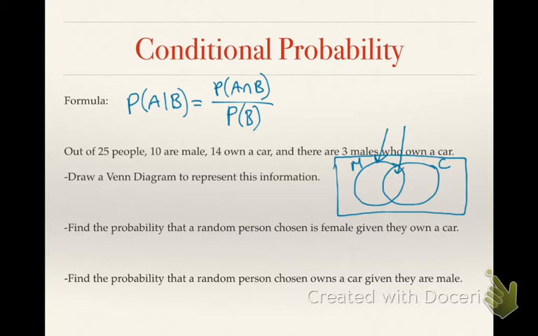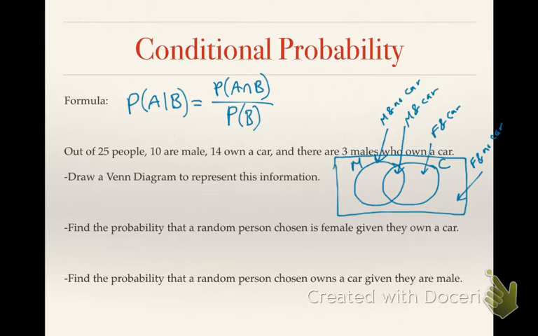This part represents the males who own a car. So male and no car, male and car. This part represents female and car, and this neither represents female and no car.